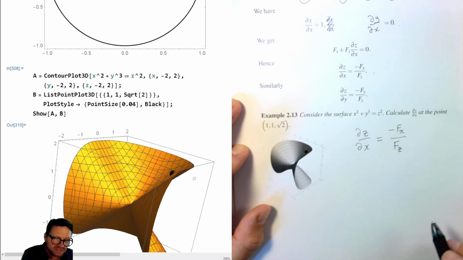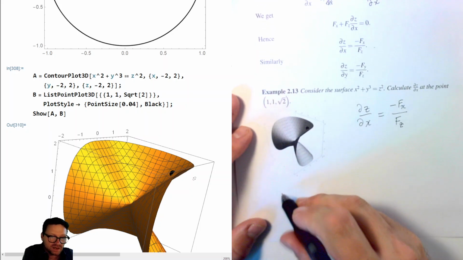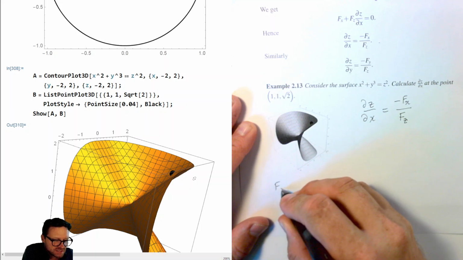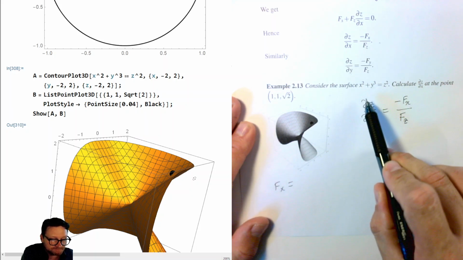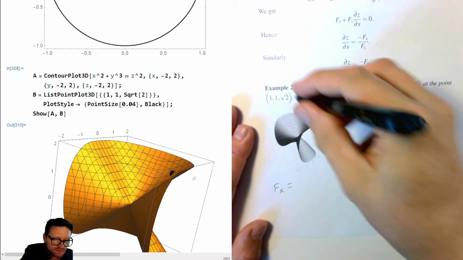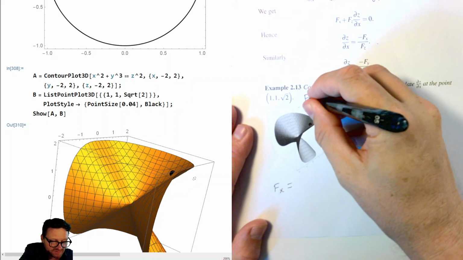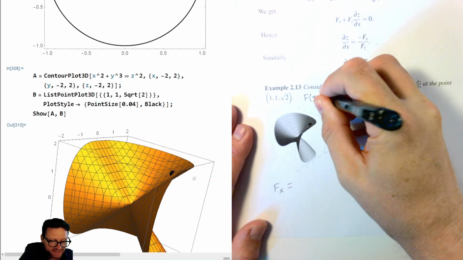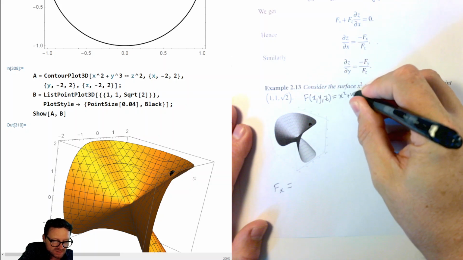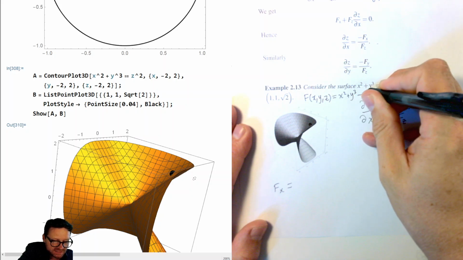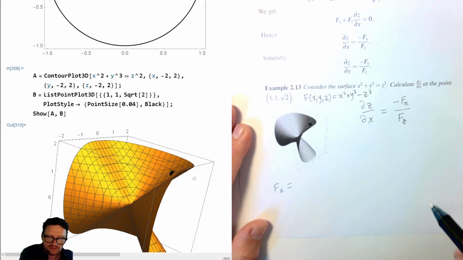Now we need to calculate these derivatives, so let's do that down here. F subscript x is just differentiating this partially. Well, we actually need to set out an F, don't we? So F of x, y, and z is equal to x squared plus y cubed minus z squared.